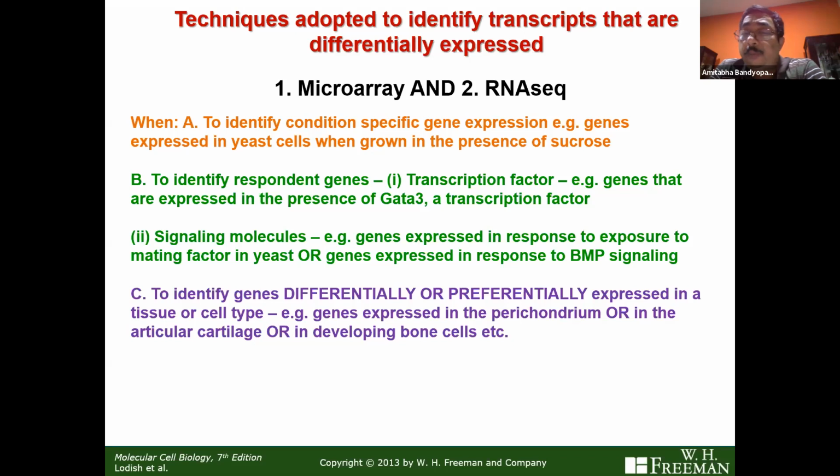Or it can be something much broader than that, genes that are expressed in one type of tissue versus the other. You can compare genes that are as different as apples and oranges, like muscles versus neurons, or neurons versus skin, or tissues that are slightly different from each other.